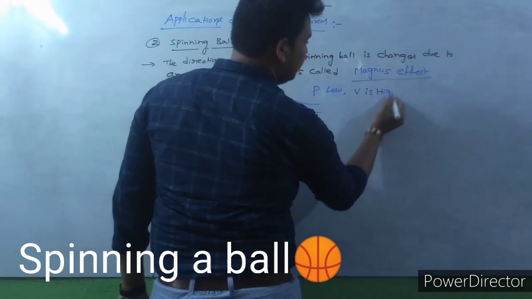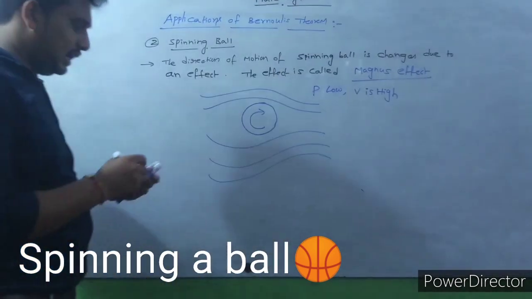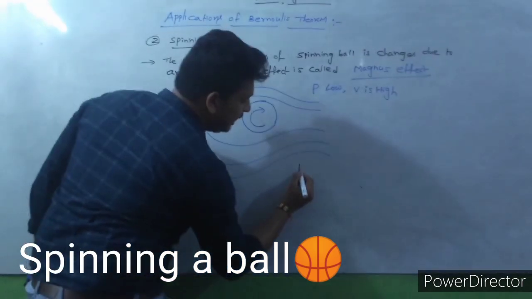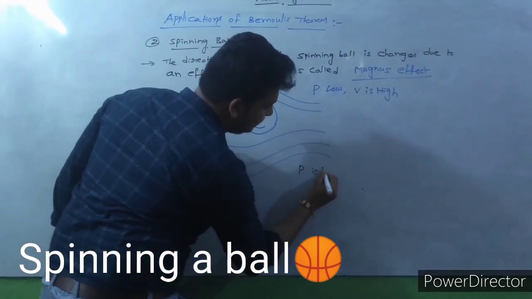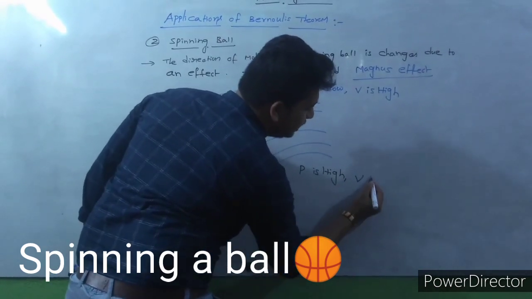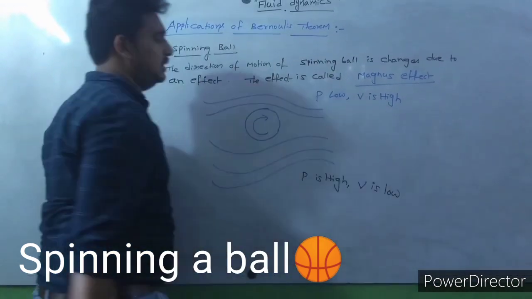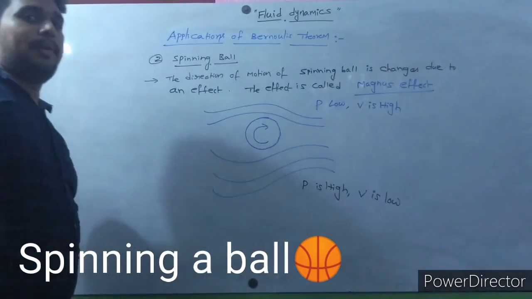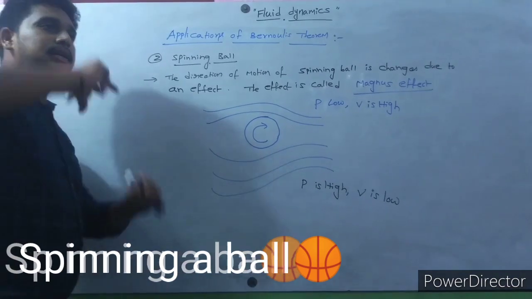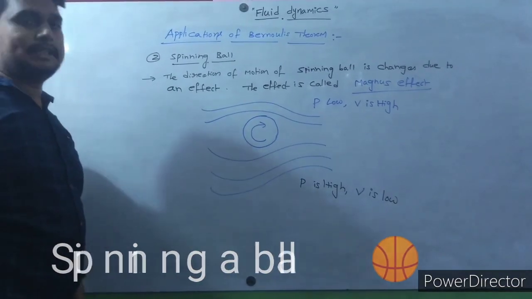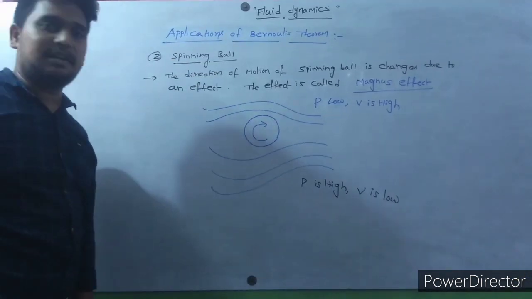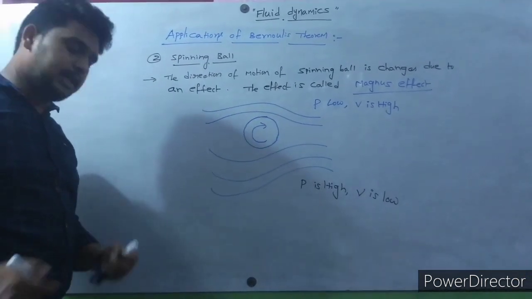At the bottom part, pressure is high and velocity is low. So this pressure and velocity difference is responsible for the spinning of the ball, which takes place due to the Magnus effect. This is also one of the applications of Bernoulli's theorem.